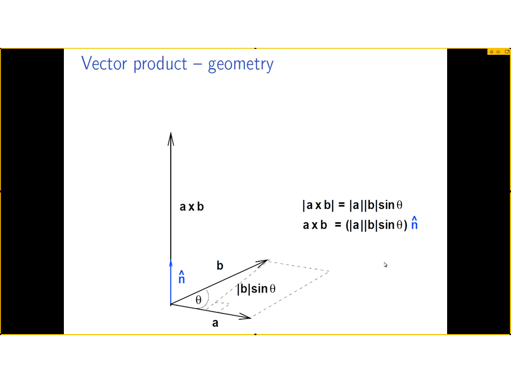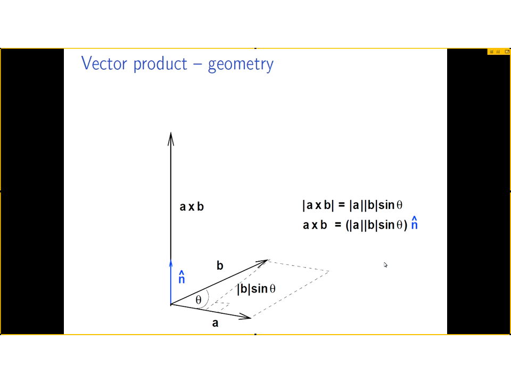Now the next thing is the cross product, a cross b. The formula of the cross product is mod a mod b sin theta n cap. n cap is a unit vector, and it points in an upward direction, whatever the direction.